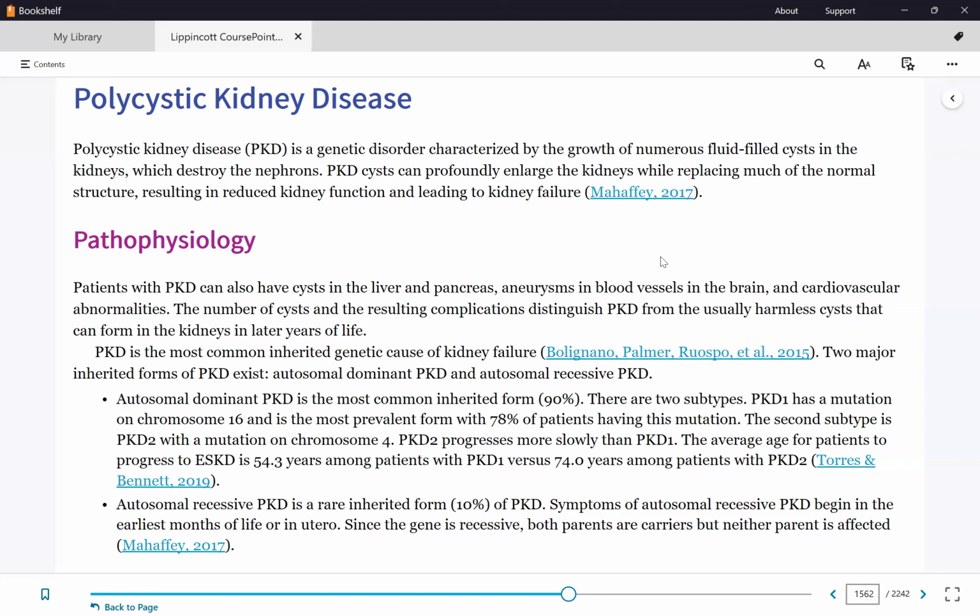Let's see if there's a picture here. None. So I'll show you a picture. This is what your kidneys will look like. They'll develop these fluid-filled cysts, which means when these cysts burst, they're destroying your kidney little by little.